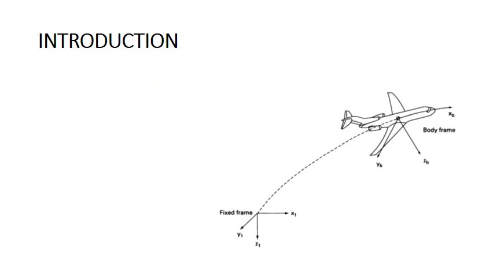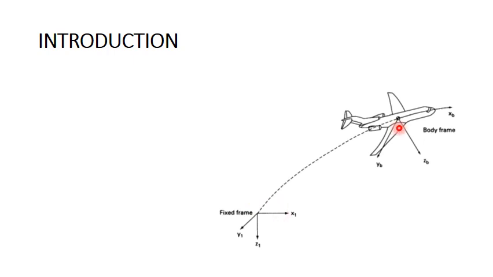To develop these equations of motion, it is necessary to understand the various axis systems. The figure shows the body axis system fixed to the aircraft and the inertial axis system that is fixed to the earth.